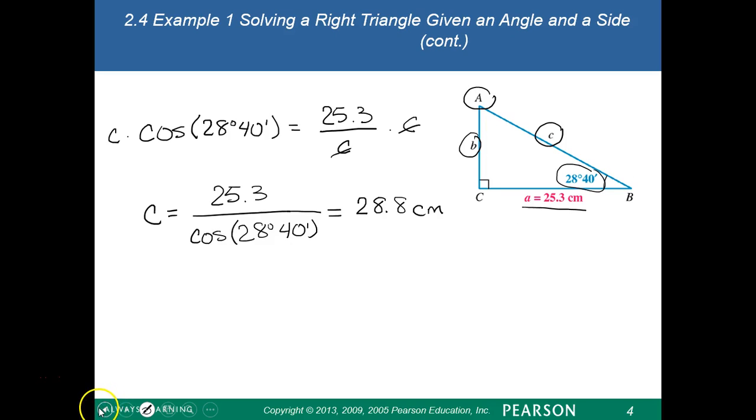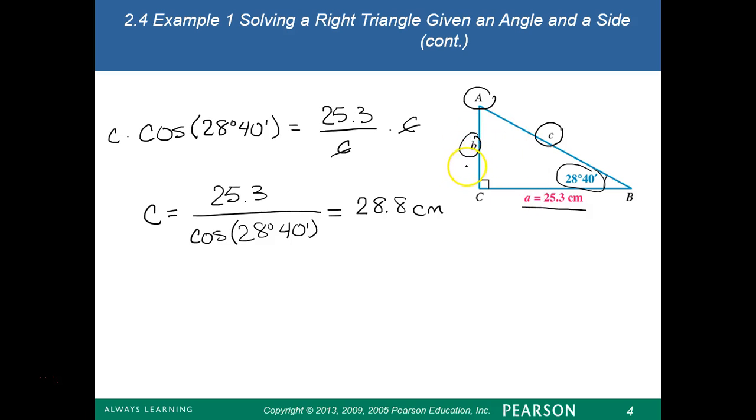Since we found what B is equal to, we could have used that to help us in figuring out what C is. We could have used the Pythagorean theorem, let's say, because we have A, we have B, two sides.